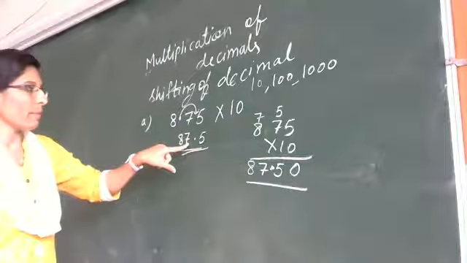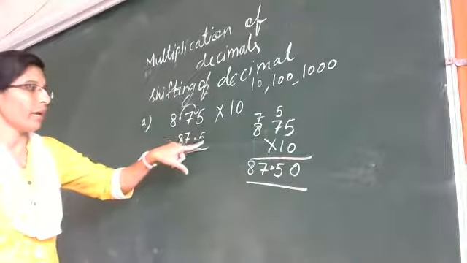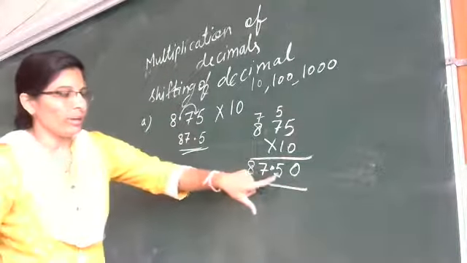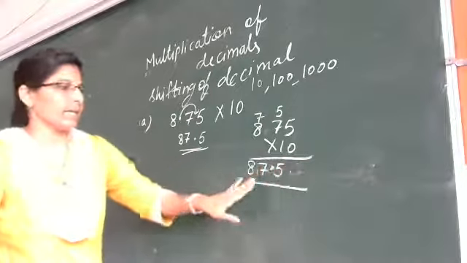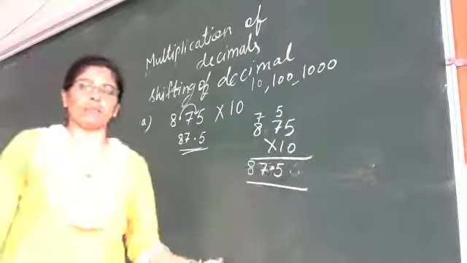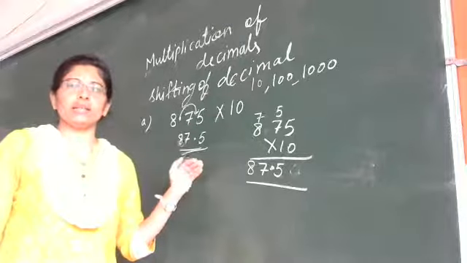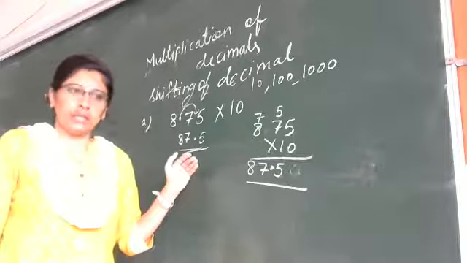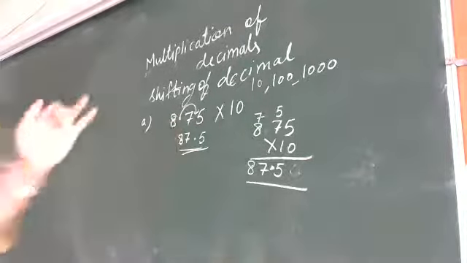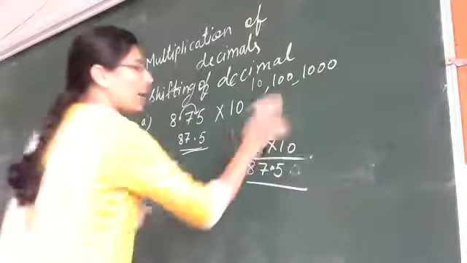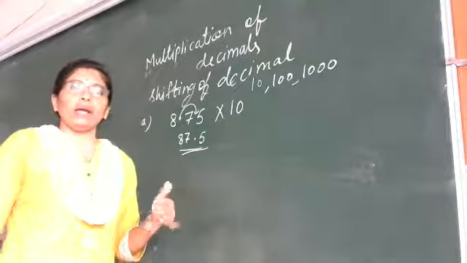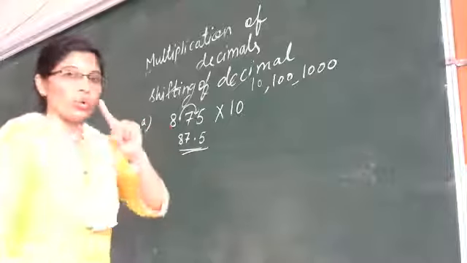Yes, we got the same answer, 87.5. Here also 87.50 is the same as 87.5. So why multiply then? No need to multiply. Directly we can do it.